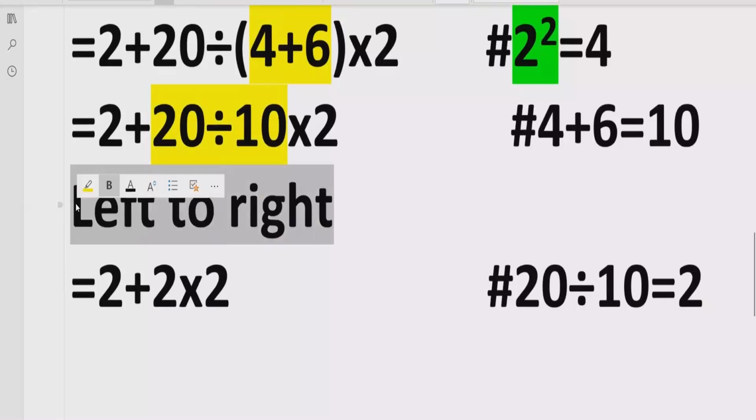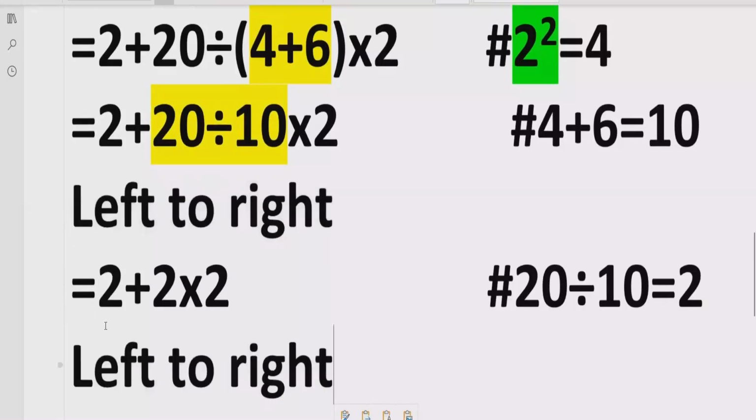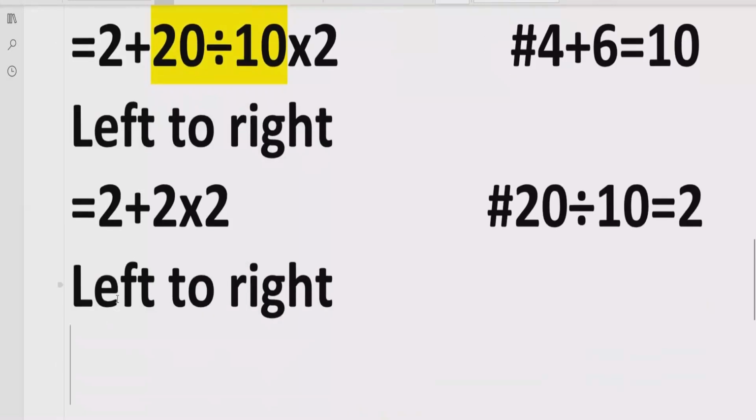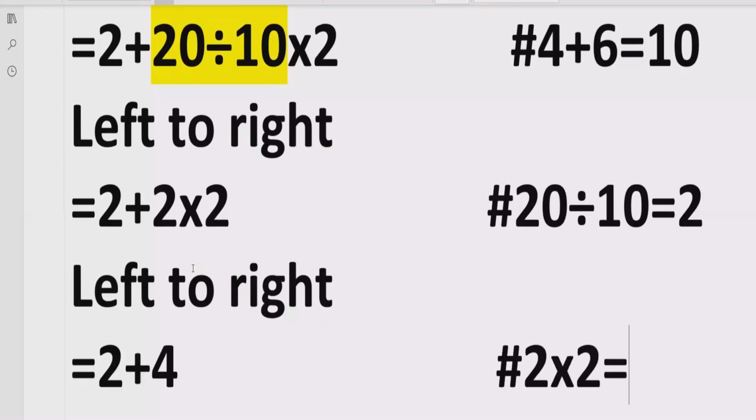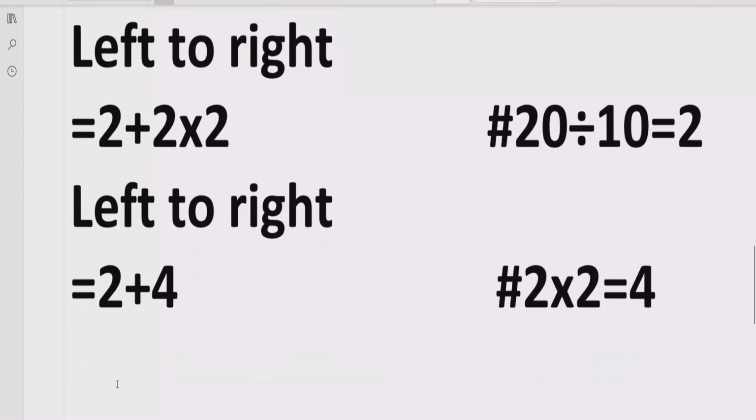Now again we follow the same step, we have to see multiplication and division. So we have here 2 plus 2 multiplied by 2, which equals 4. So here we will write 4, and here we give the reference: 2 multiplied by 2 equals 4. Now we have two terms which are added to each other. So we will add both of them and get the answer, which is 6.